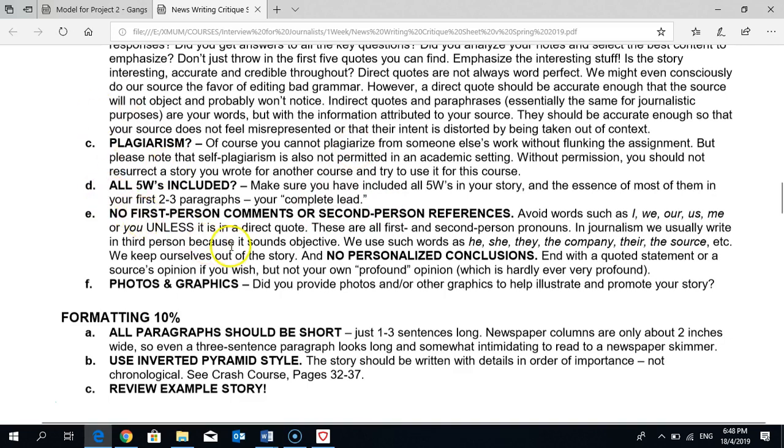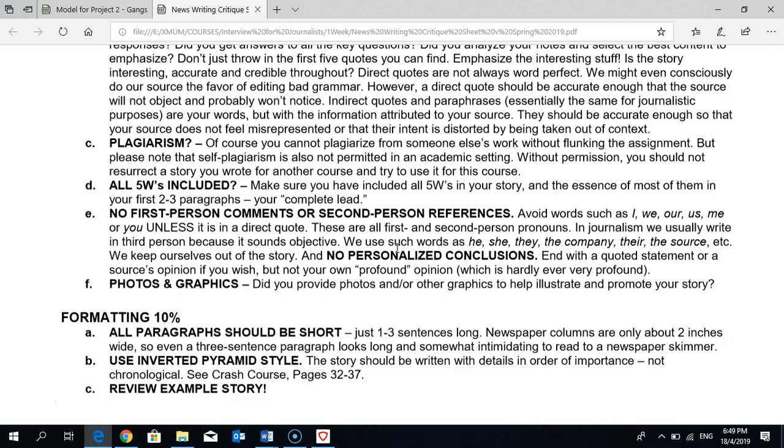Also under E, I should also say, if you don't know this already, you should know this: a journalist writing a news story, in journalistic writing, not opinion writing, does not use first person and does not use second person.